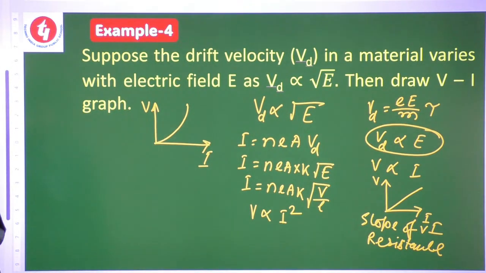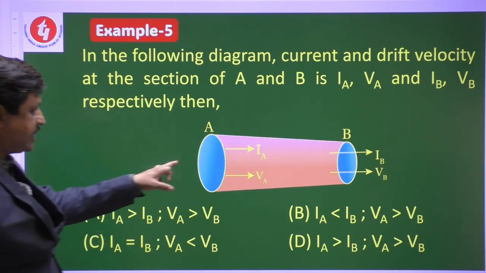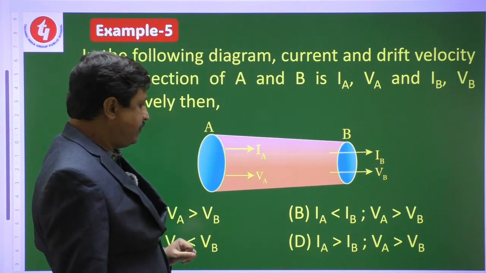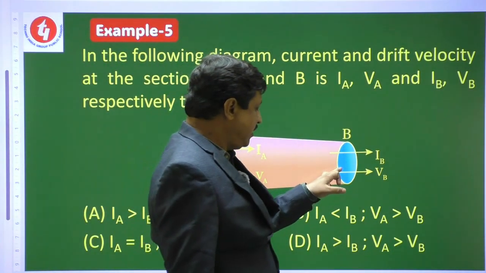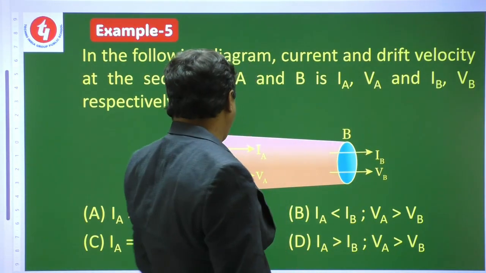Next question. In the following diagram, consider current and drift velocity at sections A and B. In section A, drift velocity is VA and current is IA. In section B, drift velocity is VB and current is IB.